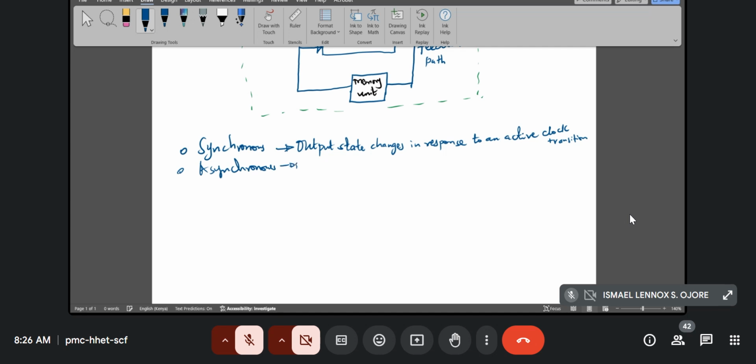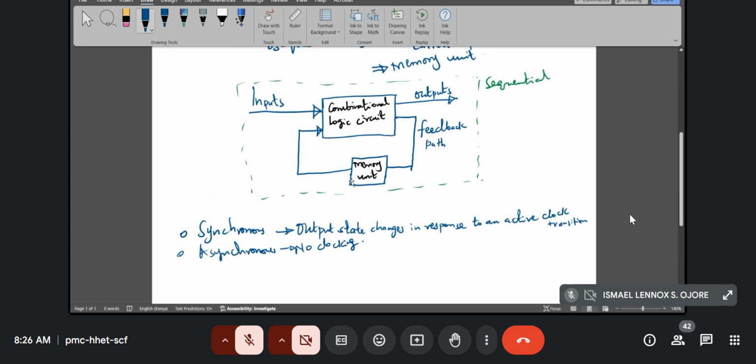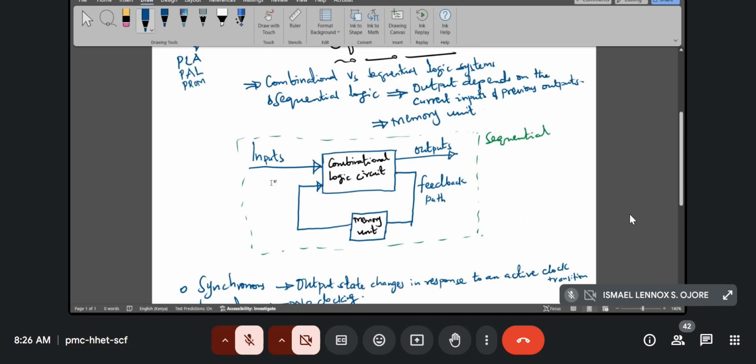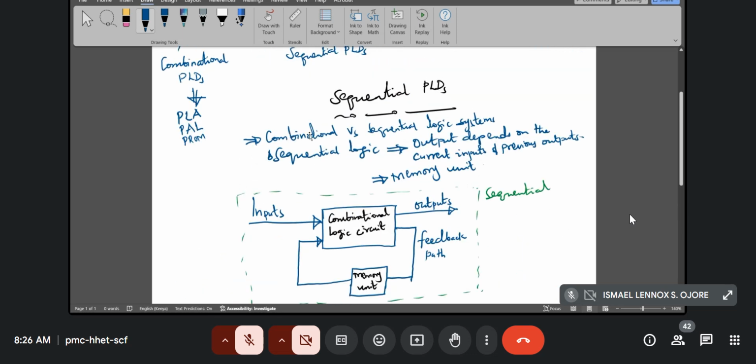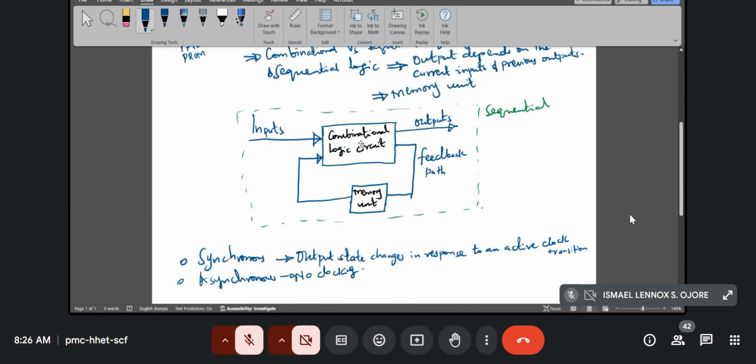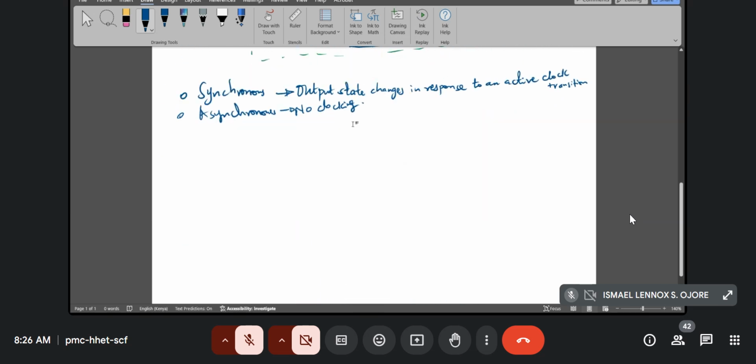Whereas for asynchronous, there is no clock. So that's just a recap of things you have covered previously. At least you have an idea of combinational versus sequential logic.